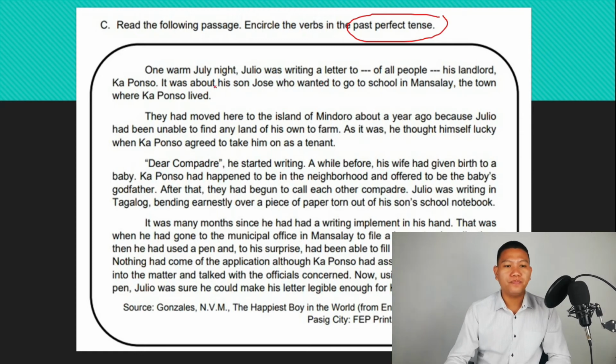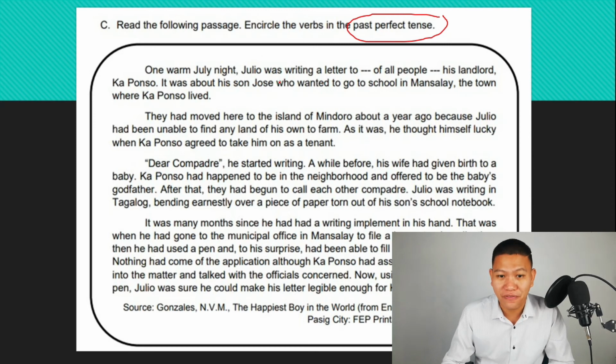Next, letter C. Read the following passage and circle the verbs in the past perfect. So encircle the past perfect. One warm July night, Julio was writing a letter to, of all people, his landlord, Caponso. It was about his son Jose who wanted to go to school in Mansalay, the town where Caponso lived.